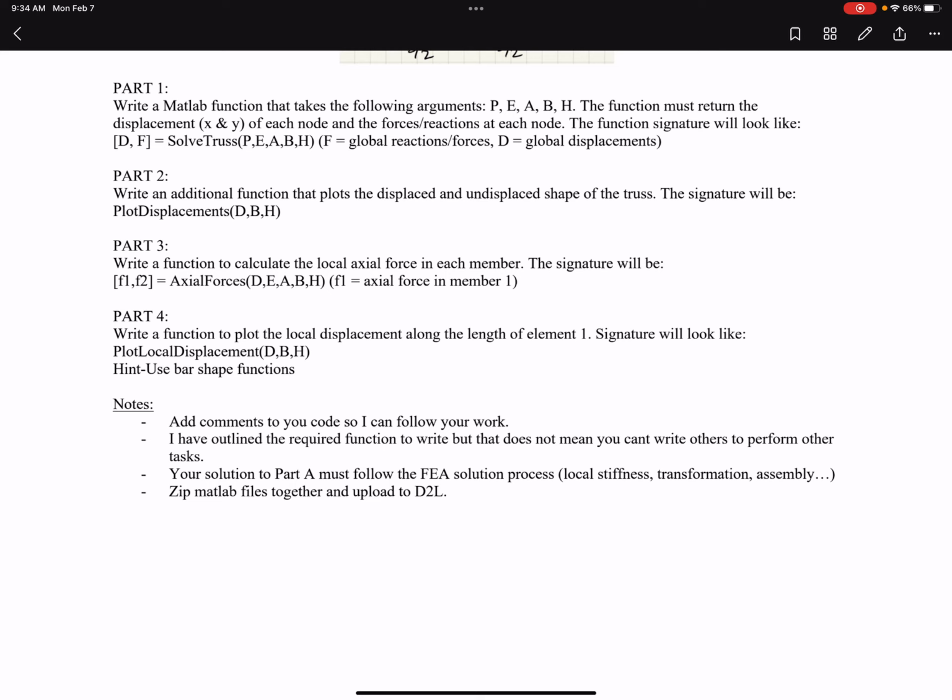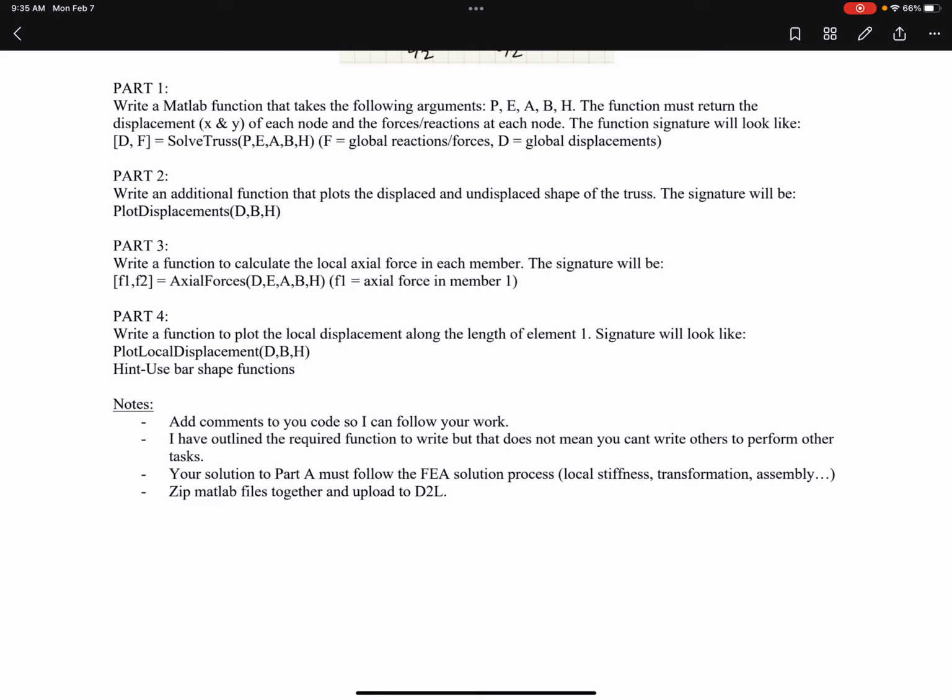Part A, right, when we talk about solving our global displacements and forces, I expect that the solution process in your function will follow our solution process that we outlined, right? Where we start at the local side, we do local stiffness, we transform, we develop our global stiffness, right? We have to impose boundary conditions, we gotta go through all of our steps, right?